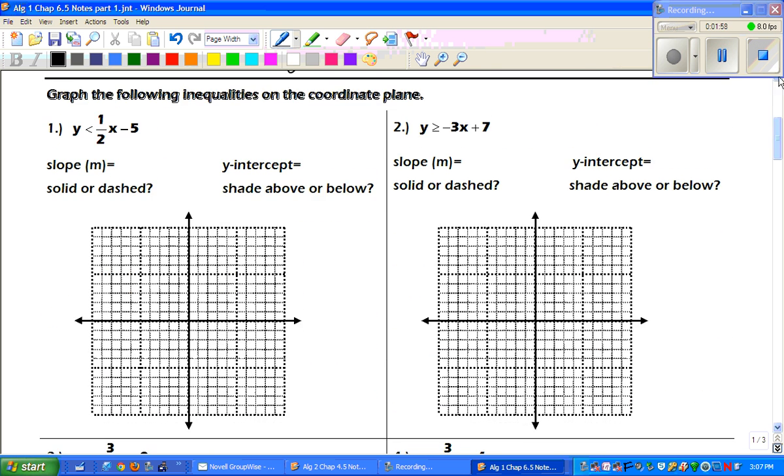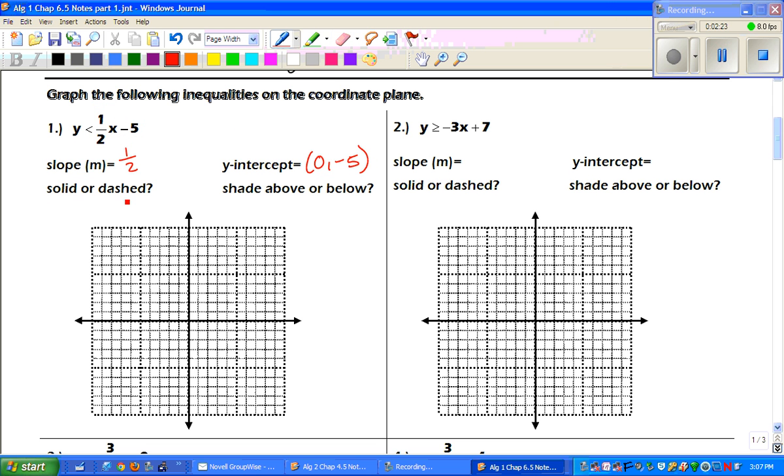All right, number one. Graph the following inequality on the coordinate plane. y is less than 1/2 x minus 5. Okay, so just like all the other ones, the first thing we need to know is our slope and the y-intercept. Okay, that all is still the same.